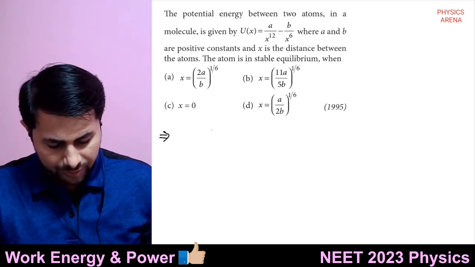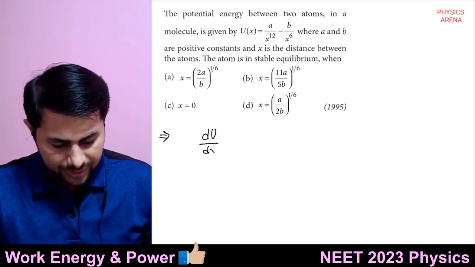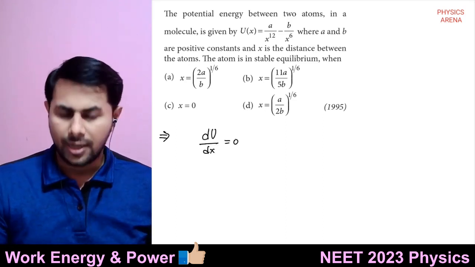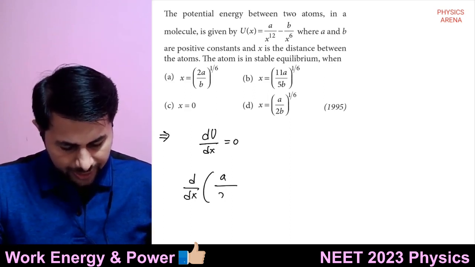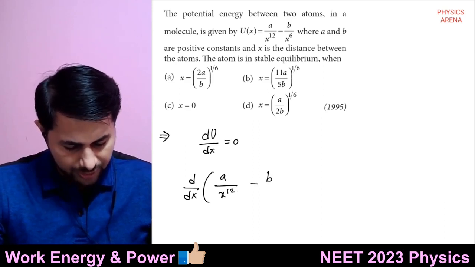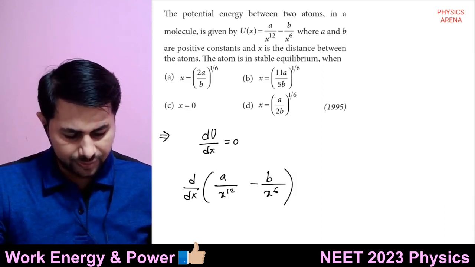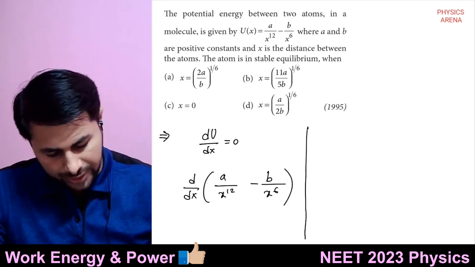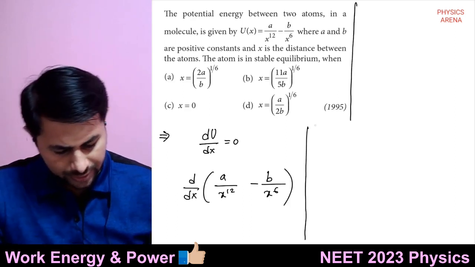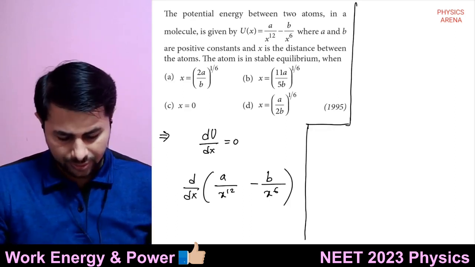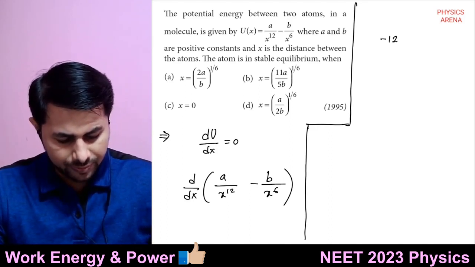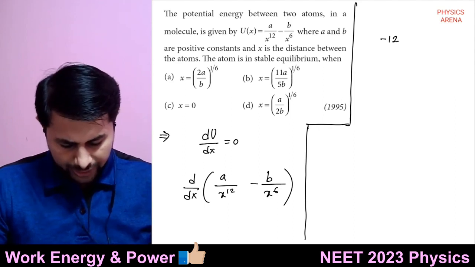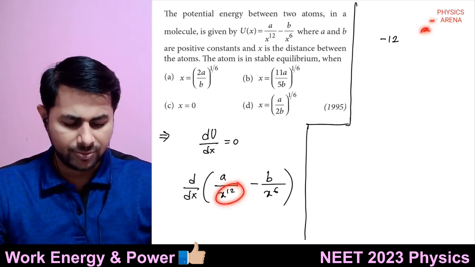So let's take the derivative again. For stable equilibrium, dU by dx is equal to 0, so we take d by dx of a divided by x raised to 12 minus b divided by x raised to 6. Shall I take the derivatives directly now? If you take this in the numerator, it is x raised to minus 12.